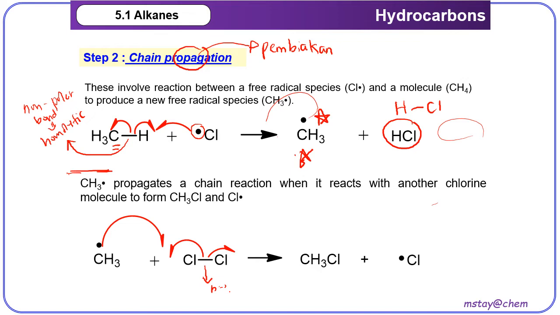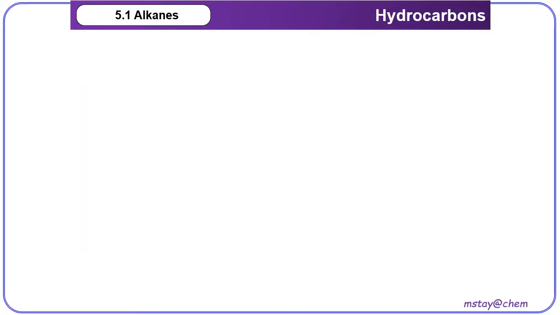This time the bond will form between the carbon and the chlorine, and the other chlorine will become the free radical. So we already get the product that we wish, because in this step we only learn one hydrogen replaced by one chlorine. Once the major product is formed in the propagation step, we can proceed to the termination step.